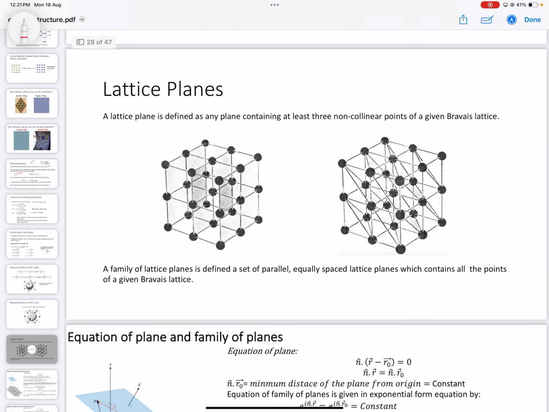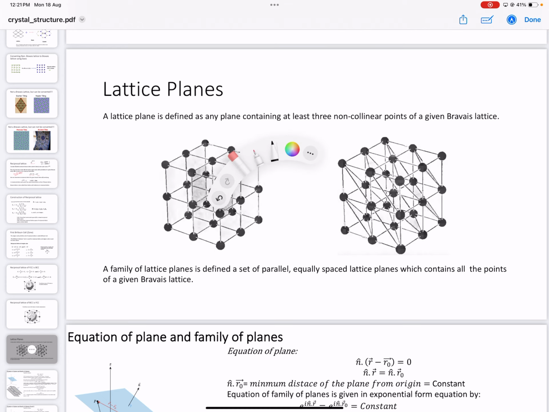Now we did these lattice planes, and in the last class I made the proof of these planes really convoluted. Then I thought it can be done more neatly. So when you have a lattice, you can make a plane. You can take any 3 points, connect them, and you have a plane, right? And these are called lattice planes.